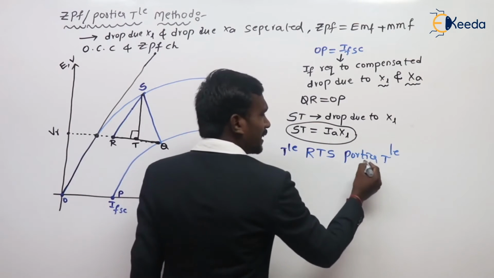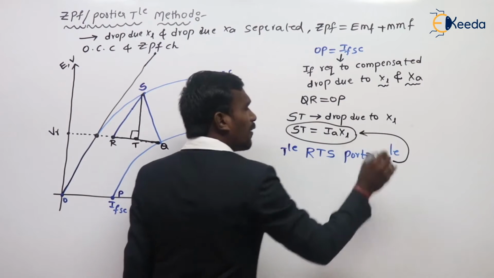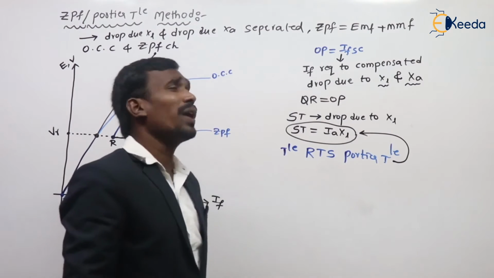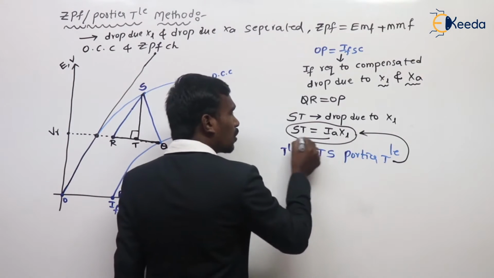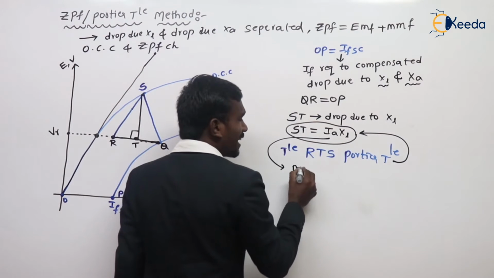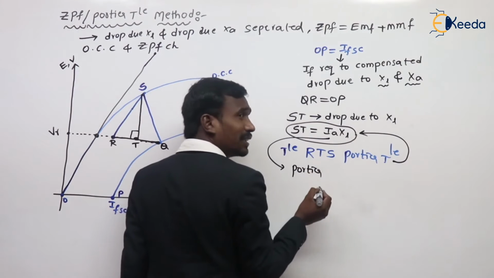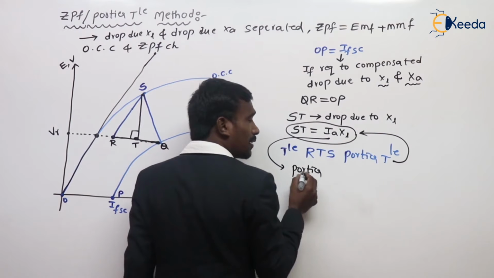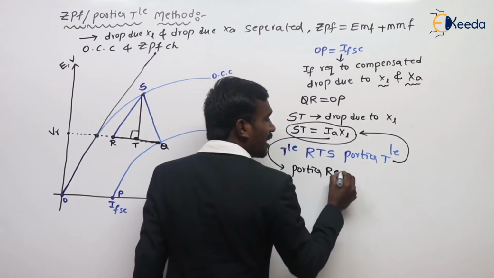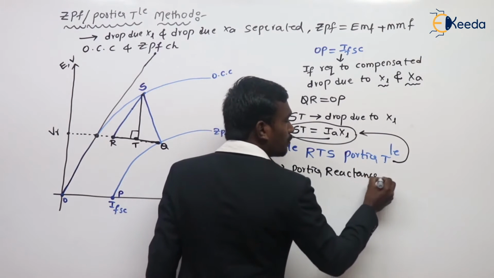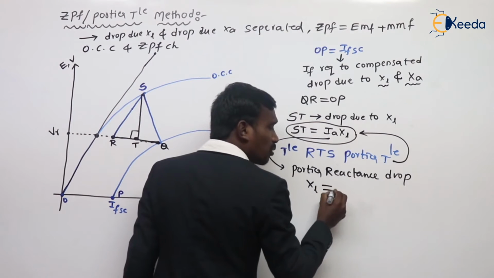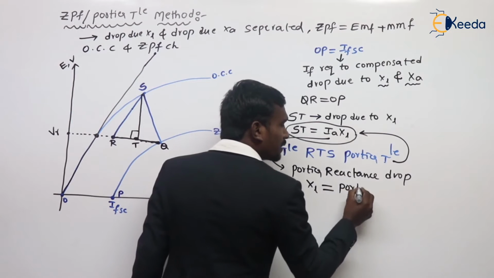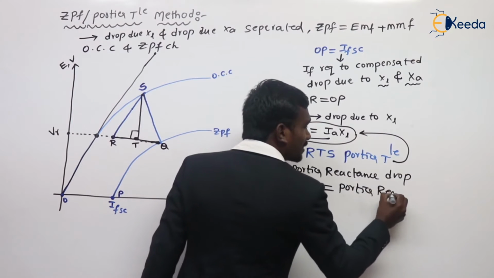From this Potier triangle, we can find the drop due to XL. This is also called the Potier reactance drop, that is, the drop due to leakage reactance. Here XL is also called Potier reactance.